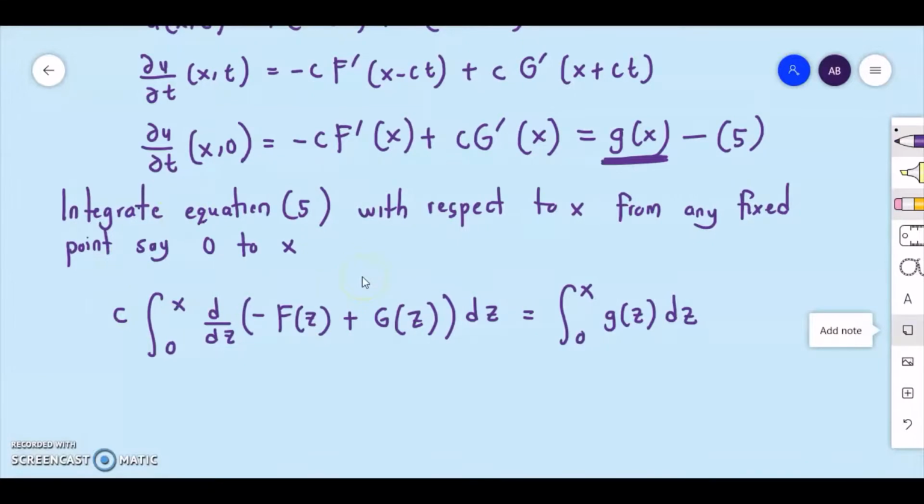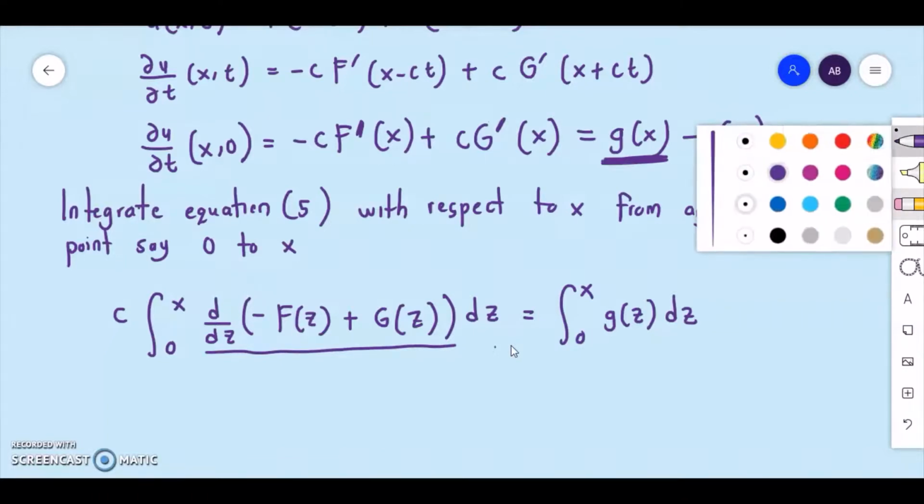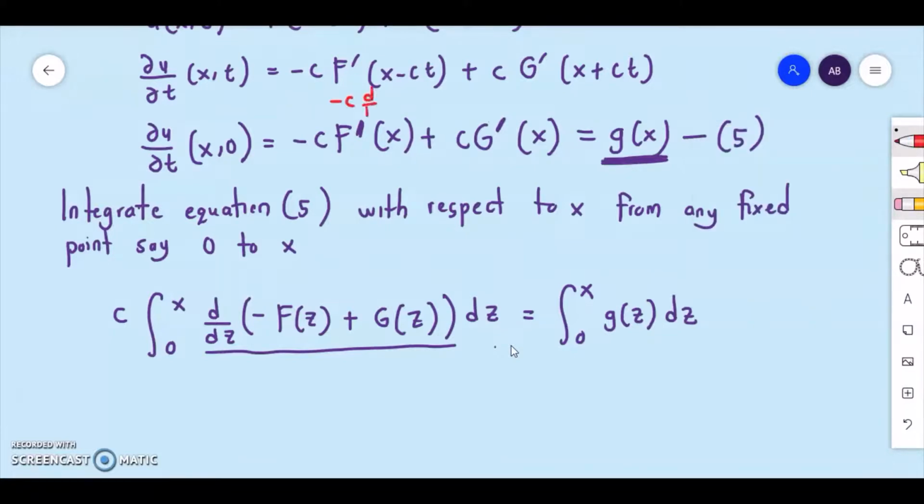Now before that, I just realized that some of you might be wondering what happened to this prime here, right? Because we're integrating equation 5. This prime here, I'm writing in terms of this. See that? This equation above, I can write as negative c something like this.